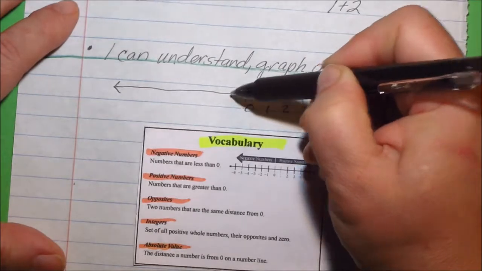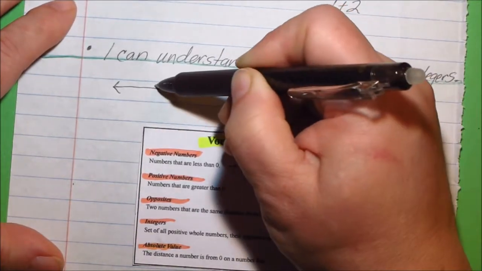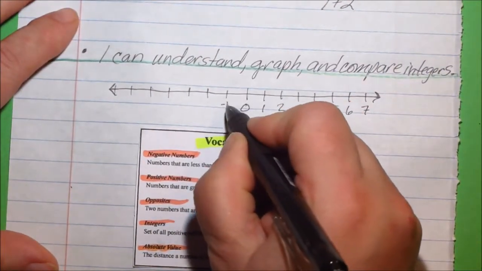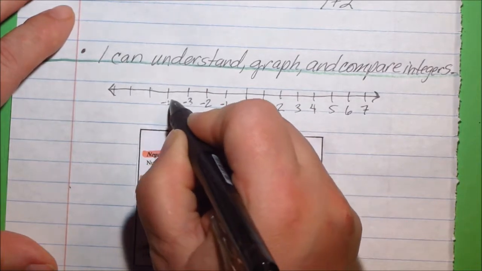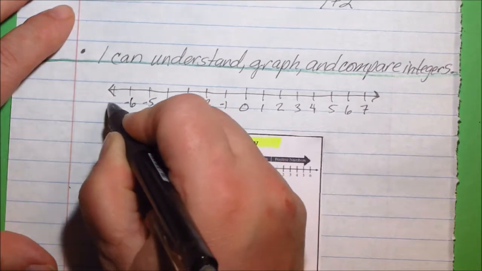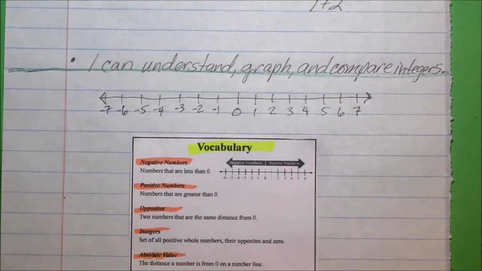And then going the other direction, I've got -1, -2, -3, -4, -5, -6, -7. All right, so there's my integers number line.